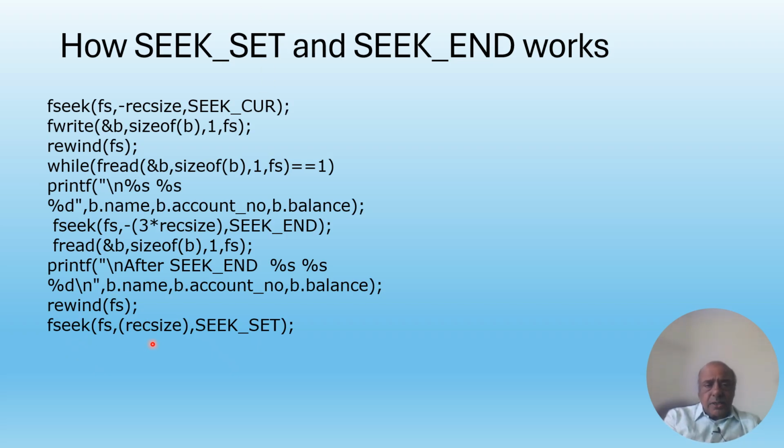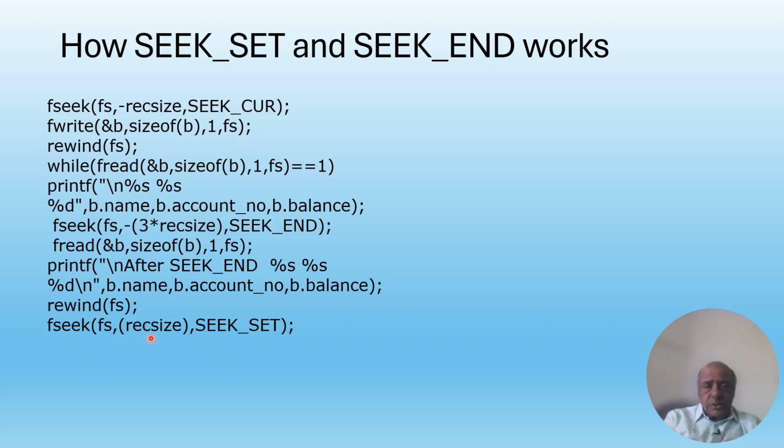Now we again use the fseek function to move the pointer 1 record ahead, using the SEEK_SET macro. When the pointer is at the beginning of the file, we use SEEK_SET, and we give how many memory locations it has to move.